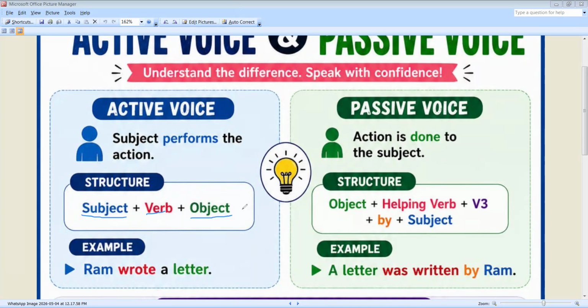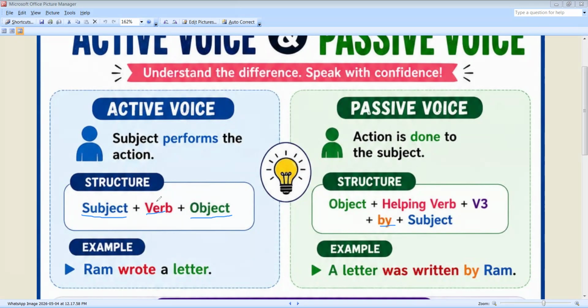But there are no helping verbs in the active voice, only the pure three: subject, verb, object. When you see the structure of the passive voice, there is a helping verb, the verb is in v3 form, and also by. So three other important ingredients come along.